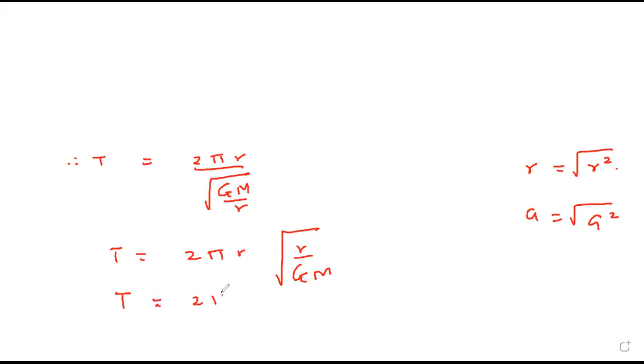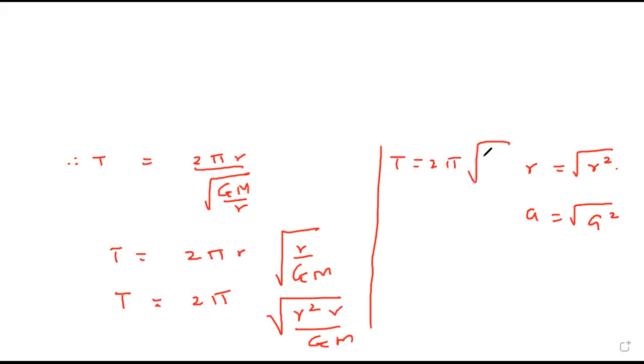So I take r inside, it will become root of r square into r upon Gm. Therefore, T is 2 pi root of r cube upon Gm. This is an expression for time period of orbiting satellite.